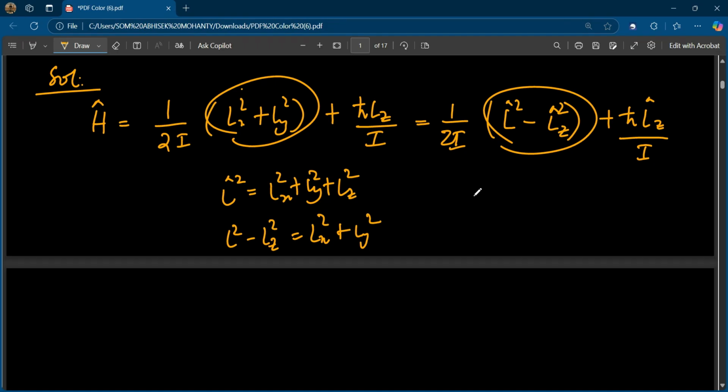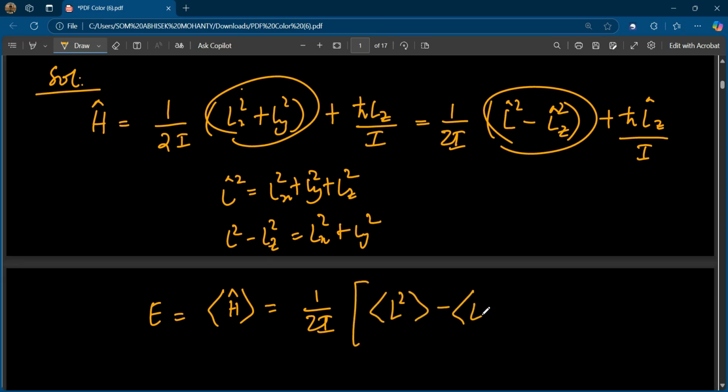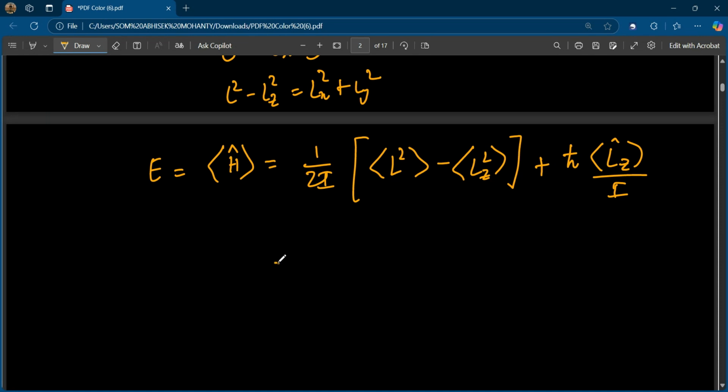So energy is the expectation value of the Hamiltonian: 1 by 2I times the expectation value of L square minus the expectation value of Lz square, plus h cut times the expectation value of Lz, by I. The expectation value of L square is L into L plus 1 h cut square, right?